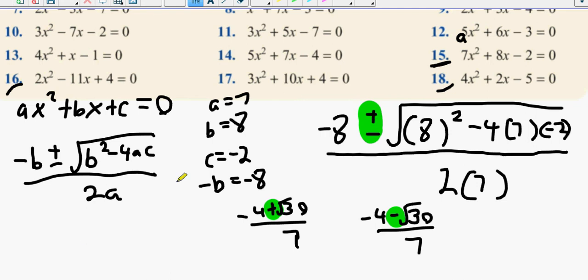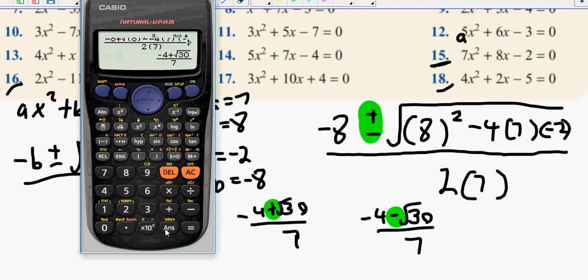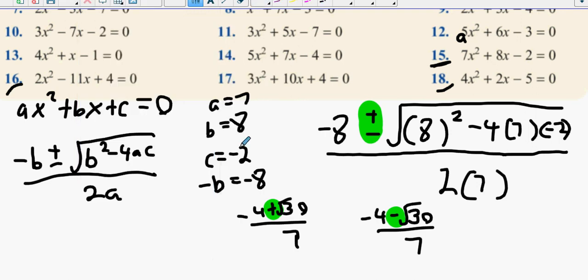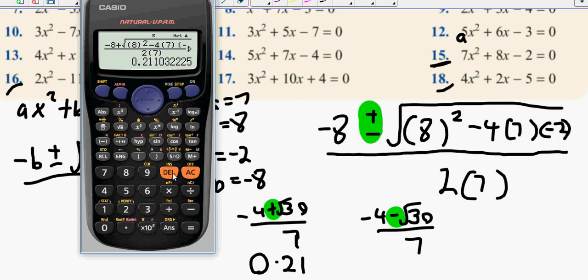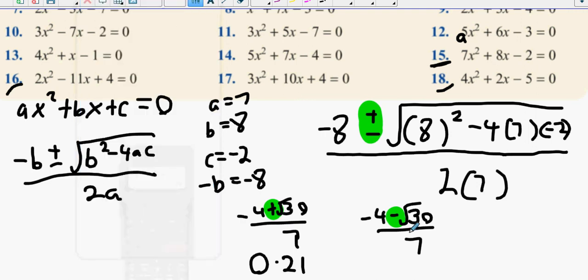Now go back to your calculator, press the change button, 0.21 for the first answer. Then go back up, change it to a minus. And your second answer is what I said it was, minus 1.35. How many people in the class got it this time?